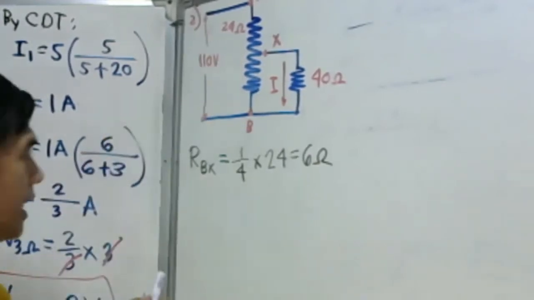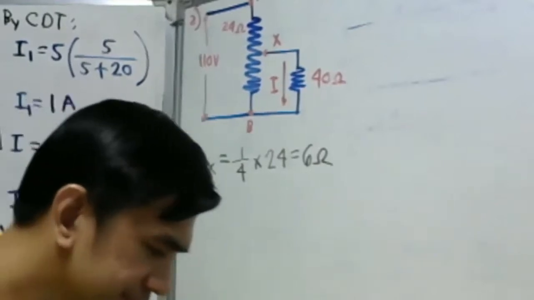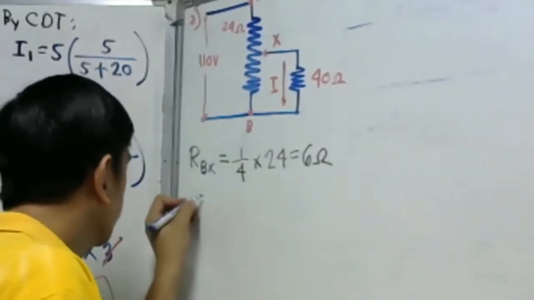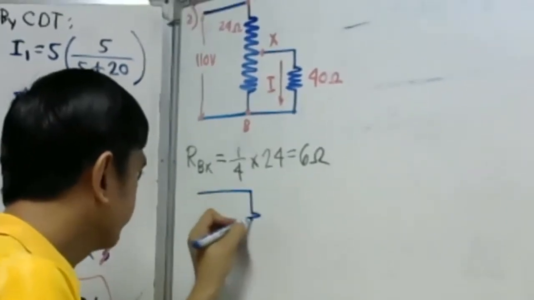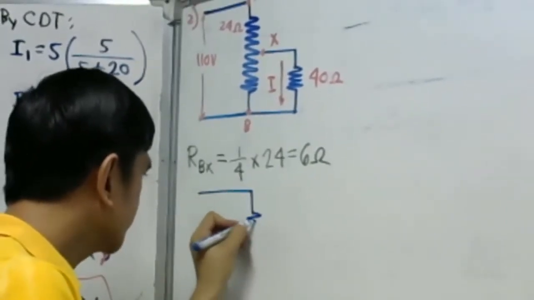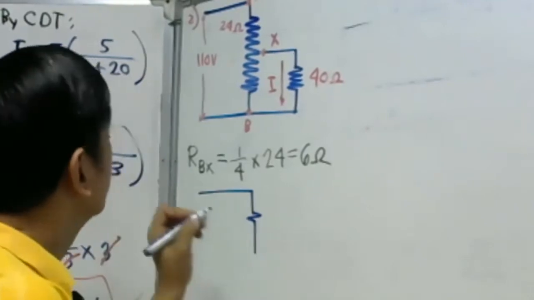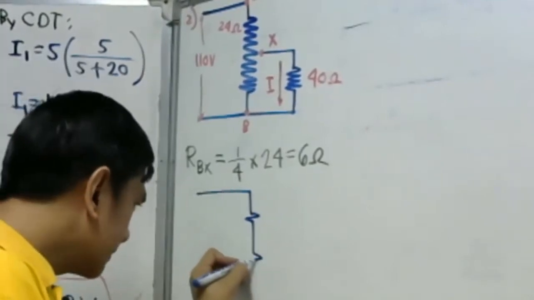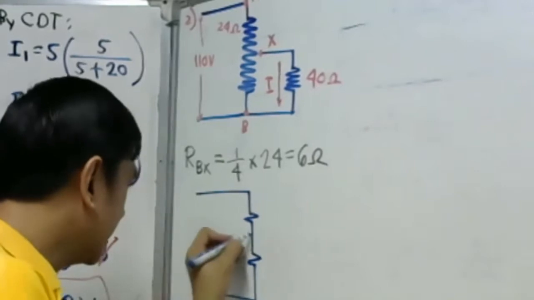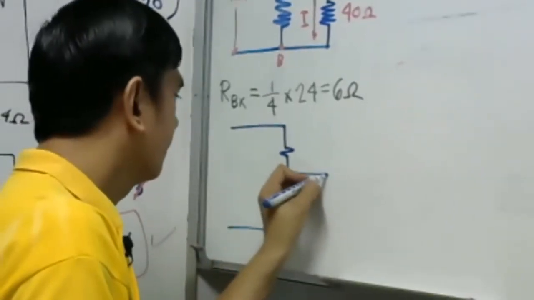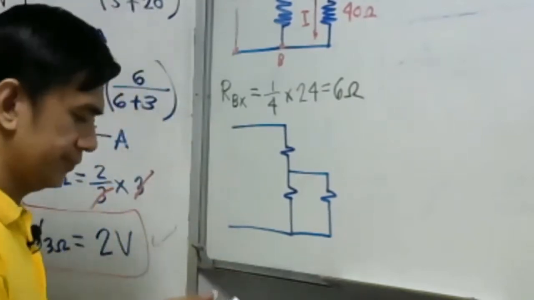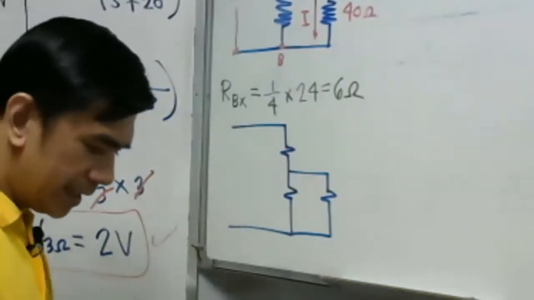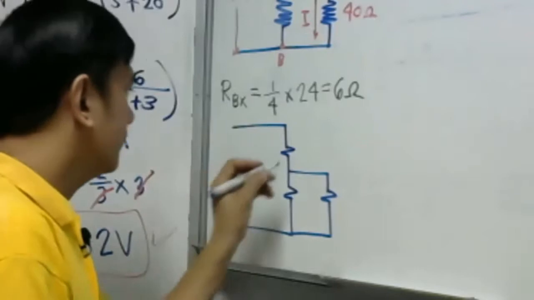I will redraw the circuit like this one, so that it will become a series parallel circuit. Again, we have here 24 ohms.